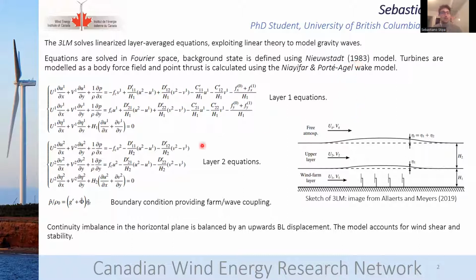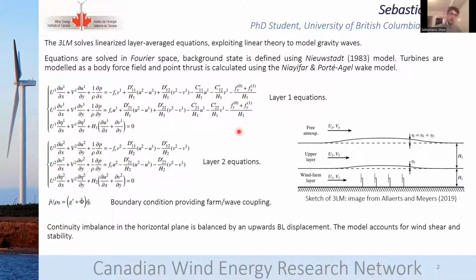1983 model. This is the system of equations in the first layer, which is similar to the system of equations in the second layer, except for an extra term, identified by this C coefficient, needed to account for the shear stress exerted by the ground, and another extra term to account for the presence of the wind turbines.